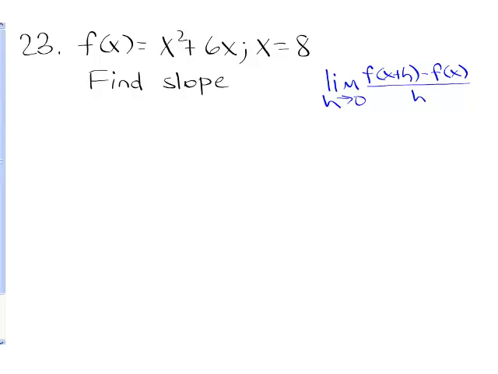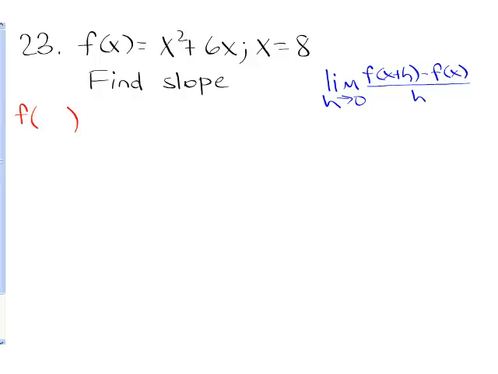And to do our limit process, we're going to have to look at f of x plus h, and in this case, x is what number? 8. Is it negative 8? Sorry. It is negative 8.